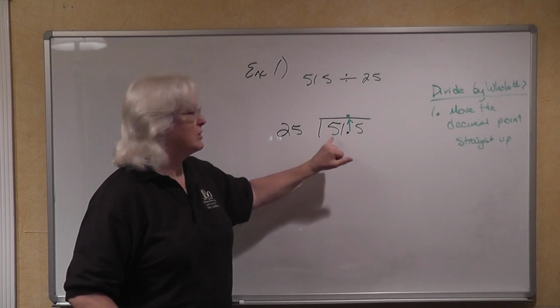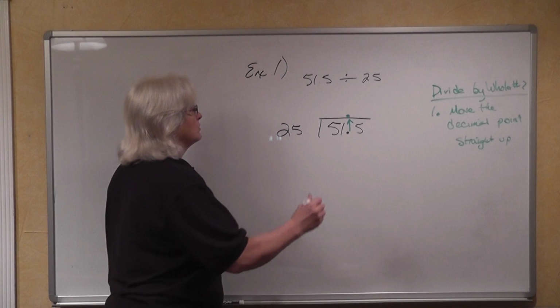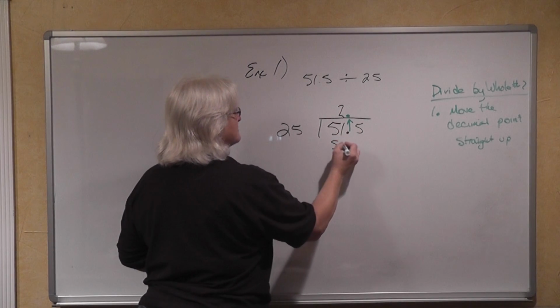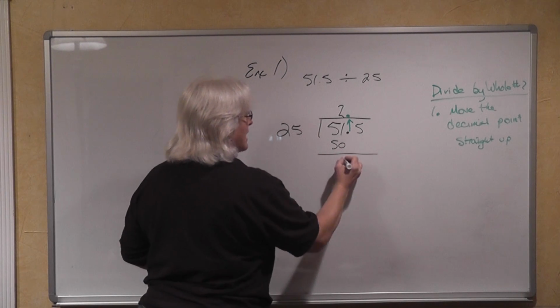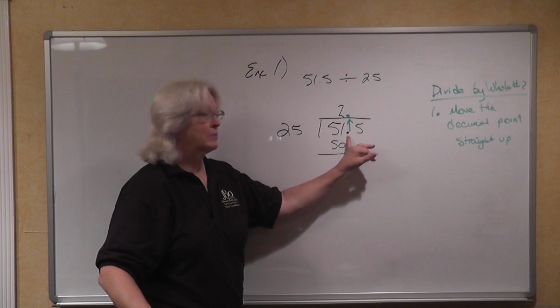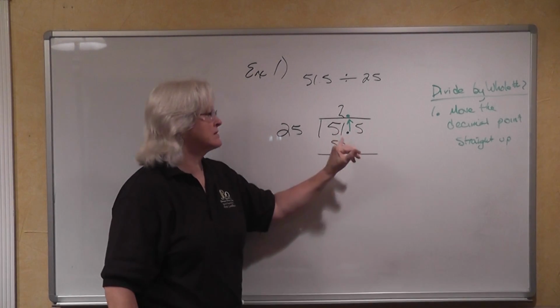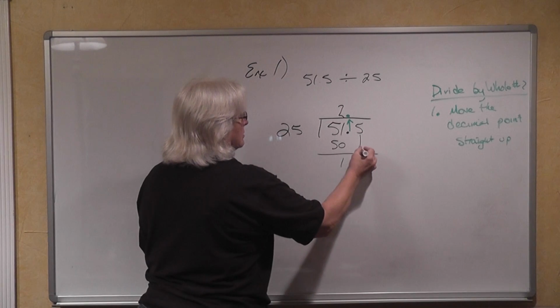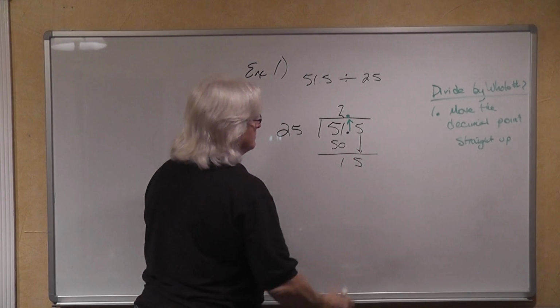How many times does 25 go into 51? Twice. 2 times 25 is 50. We subtract. We have 1. We bring down our next digit. Don't worry about that decimal point because we've already taken care of it. Bring down the 5.